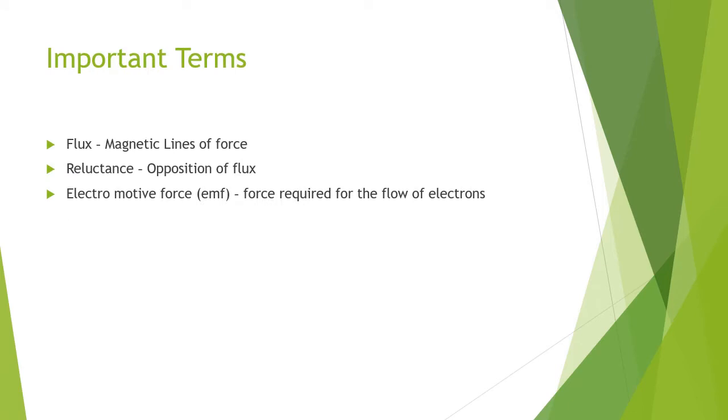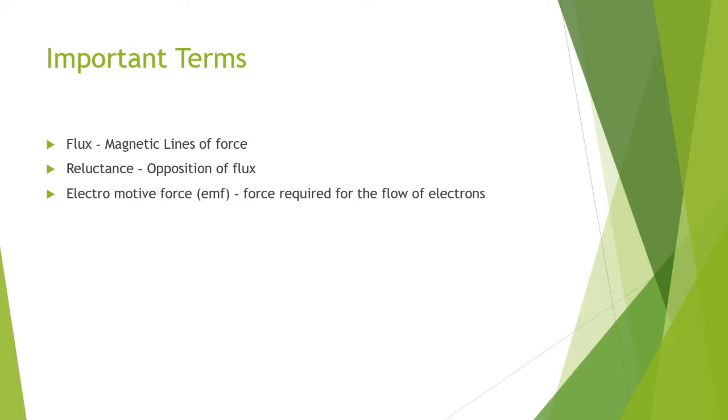Let us see the important terms. First, flux. Flux means the magnetic lines of force. When you bring an iron piece near a magnet, then at a particular distance, magnetic lines of force are produced. That is the flux. Next one is reluctance.